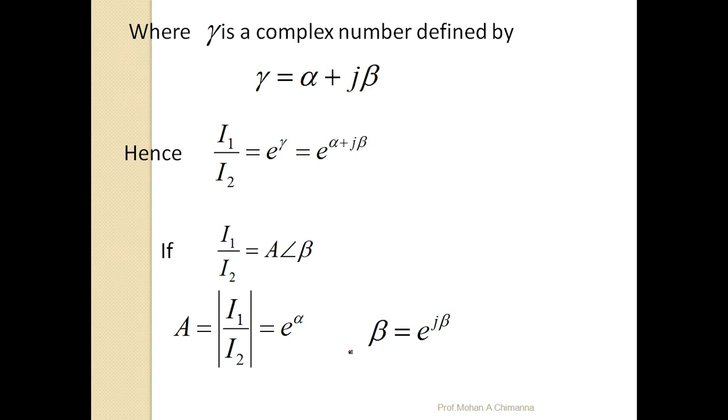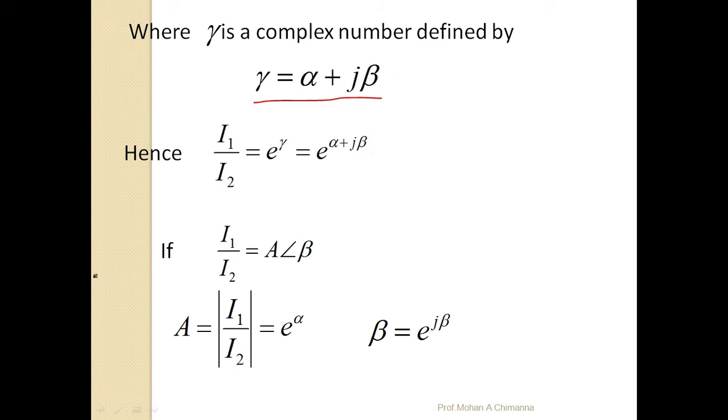We know gamma is a complex number, gamma equals alpha plus j beta. Hence I1 upon I2 is equal to e raised to gamma, and this gamma is equal to alpha plus j beta.